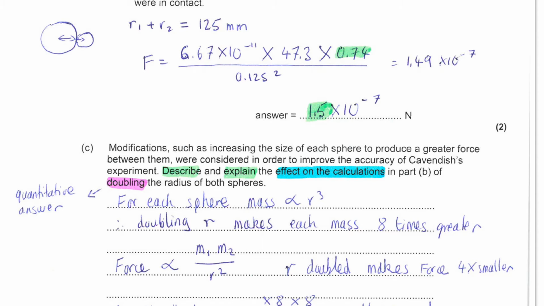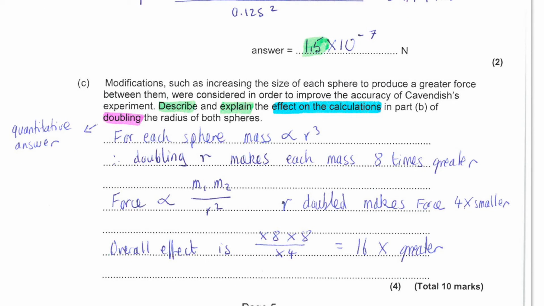So putting in the mass that you calculated for the larger sphere and the mass that was given for the smaller sphere and the separation of the centres that you have found into the universal law of gravitation leads you to an answer of 1.49 times 10 to the minus 7 newtons. Note that in this question the mass of the smaller sphere was given to 2 significant figures, so a 2 significant figure answer is appropriate.